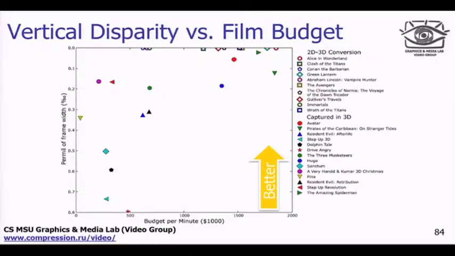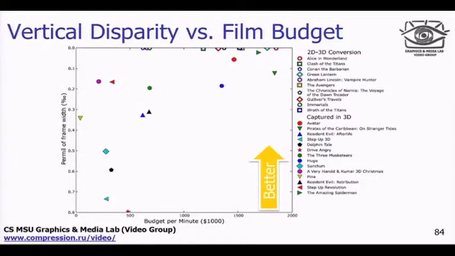It's interesting to compare here Step Up 3D and Step Up Revolution. It's Step Up 3D, it's Step Up Revolution. So Step Up Revolution was shot, as I remember, 2 years later, and they made very good progress in the quality of the movie in comparison with the previous release.